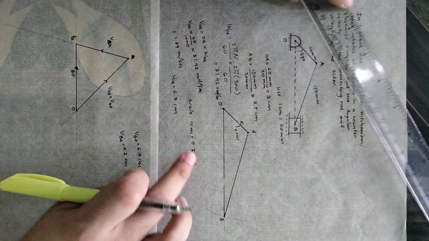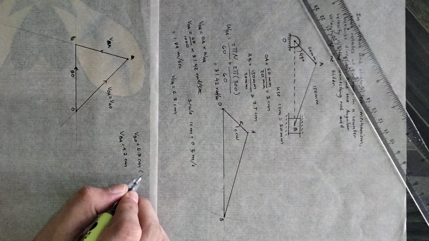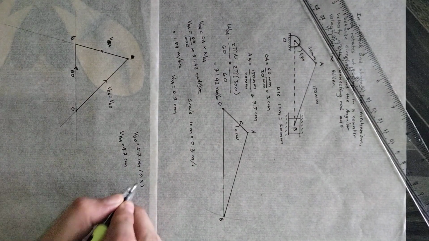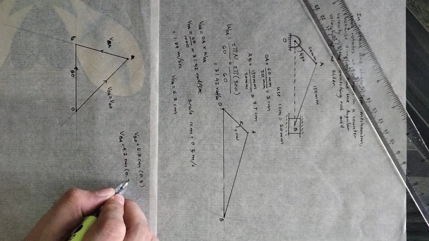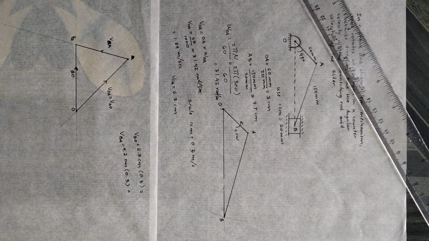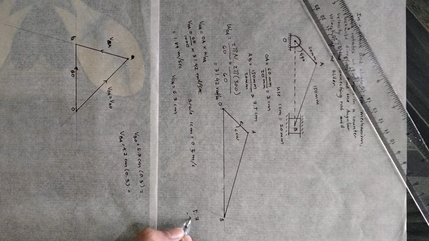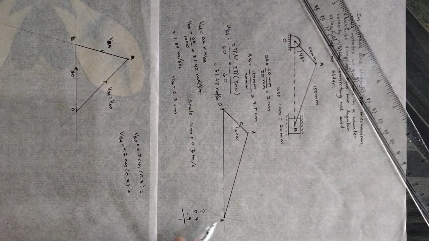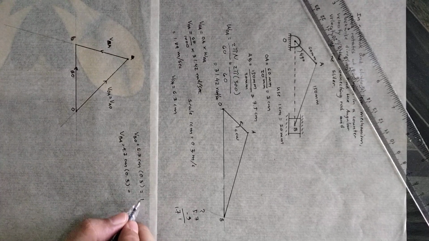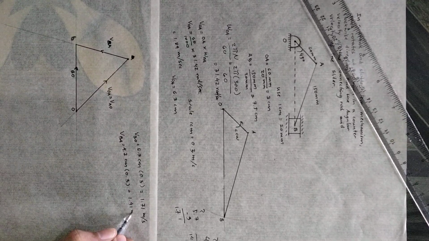But our scaling is 0.3 meter per second, so you just need to multiply these by 0.3. So 5.7 multiply by 0.3, so 1.71 meter per second. Then 4.7 times 0.3, so 1.41 meter per second.